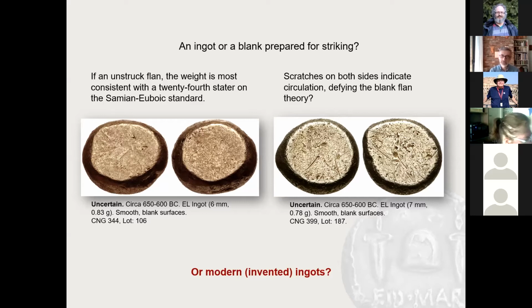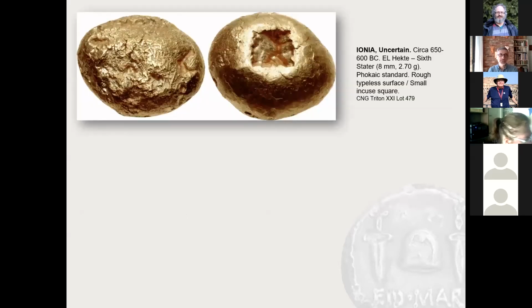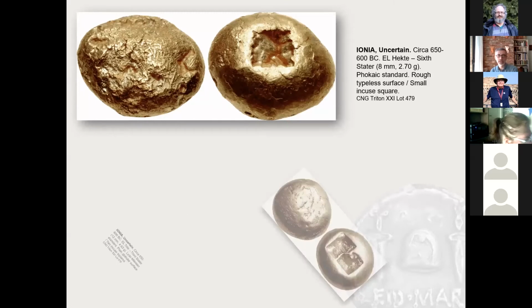However, contextual finds are very rare, so we're not in a position to attest to the right or intended use of these blanks. And then all of a sudden we see lumps with a certain mark on one side.